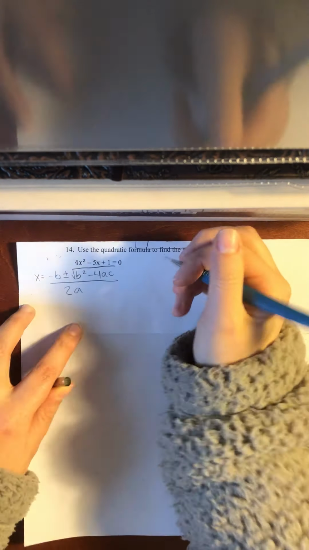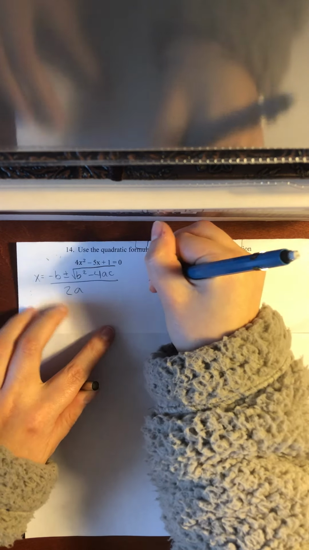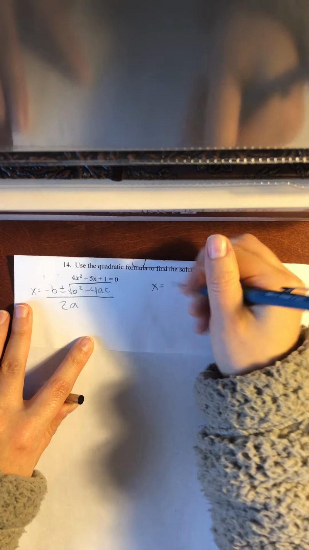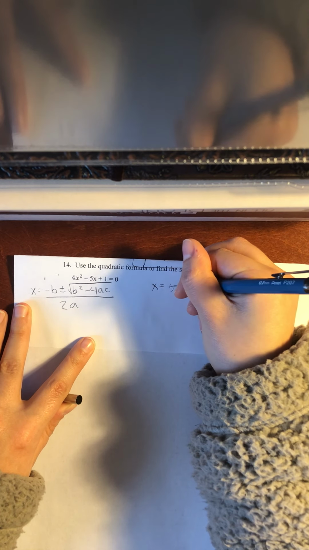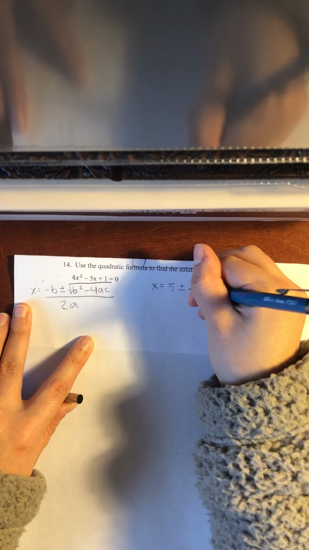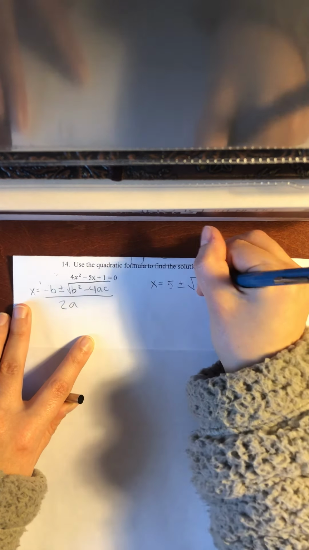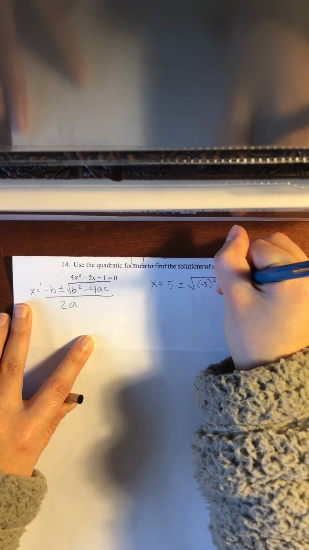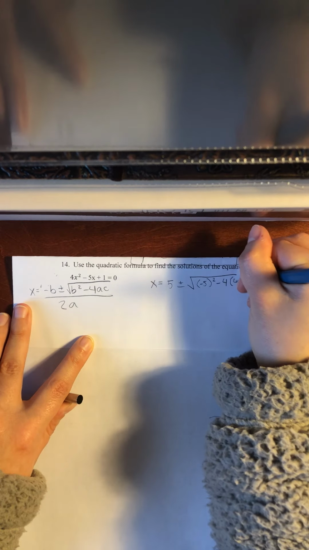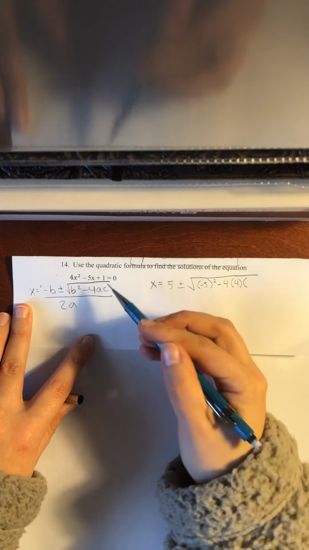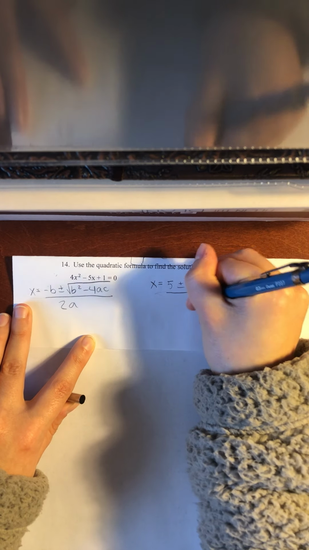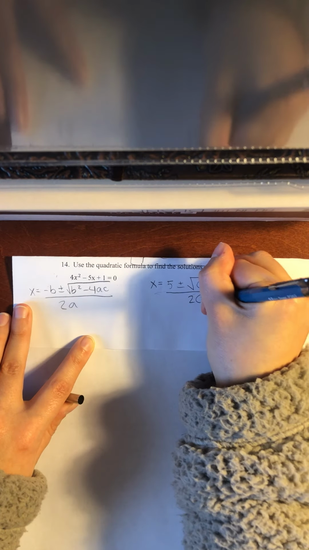Okay, so let's plug in everything. So x equals the opposite of b is positive 5, plus or minus the square root of negative 5 squared minus 4 times a, which is 4, times c, which is 1, all over 2 times 4.